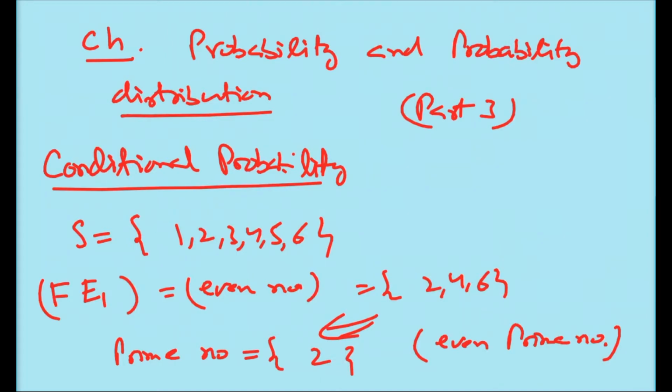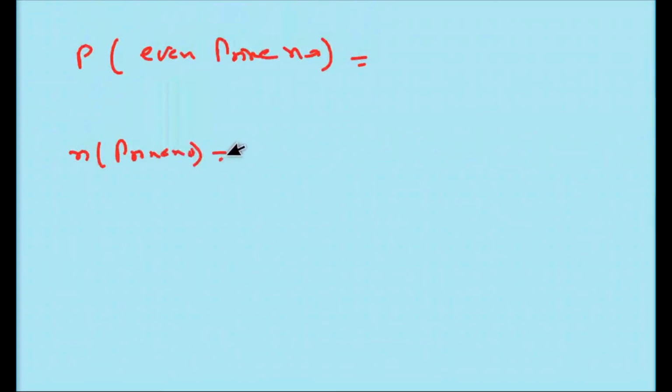Now this is the probability of getting an even prime number. So here we can say the event of prime number, that is 2, is the second event, dependent on the first event.